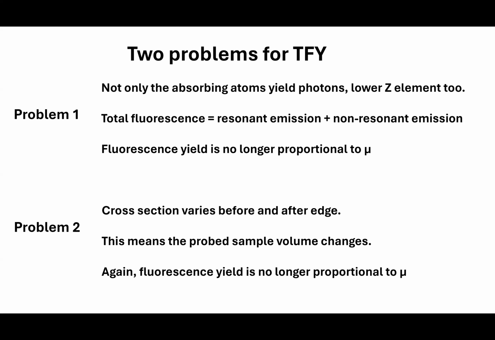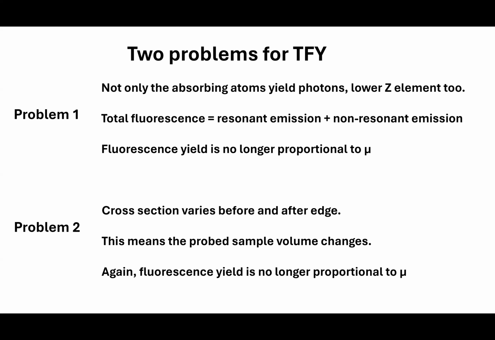By resonant we mean the incoming X-ray has very similar or almost exactly the same energy as the edge energy. You're resonating because they have the same frequency, the same energy. So that's the resonant emission, meaning the exciting energy is at the edge. Non-resonant means the exciting energy is different from the edge energy of the absorbing element.